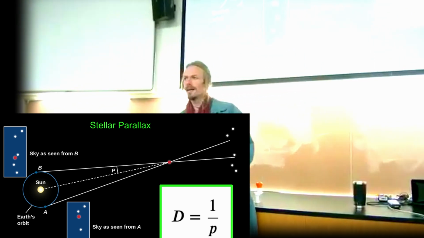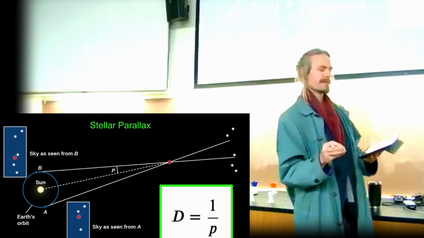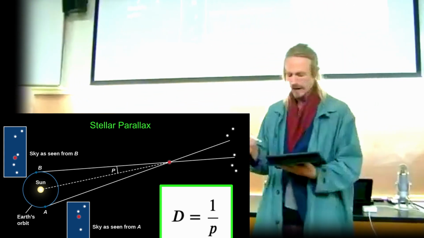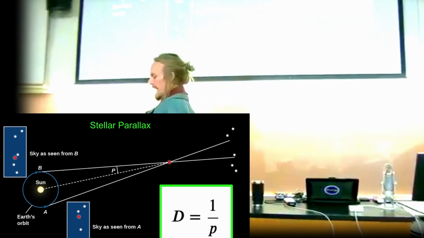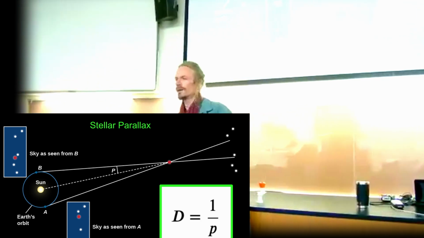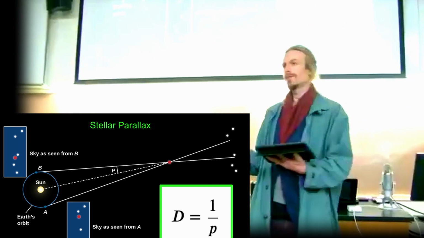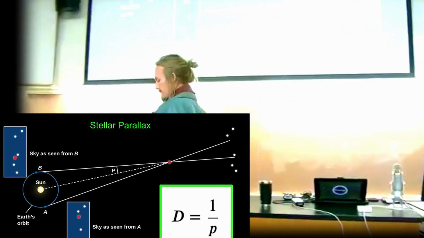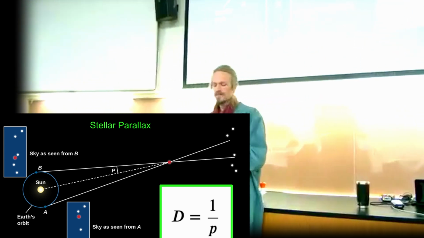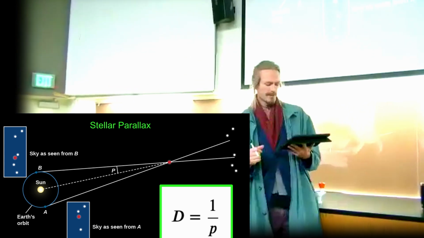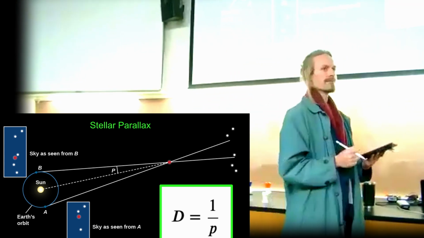The question that they asked, and the way they came up with this parsec thing, was they said, how far would a star have to be to have a parallax of exactly 1 arc second? And this is how they defined it. So the answer is about 3.26 light years, or about 3.1 times 10 to the 13th kilometers. So 31 trillion kilometers away, right?